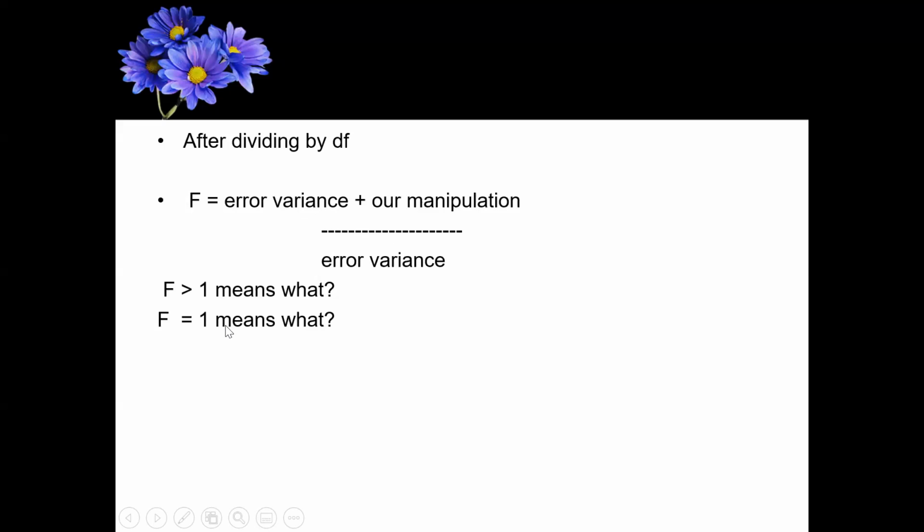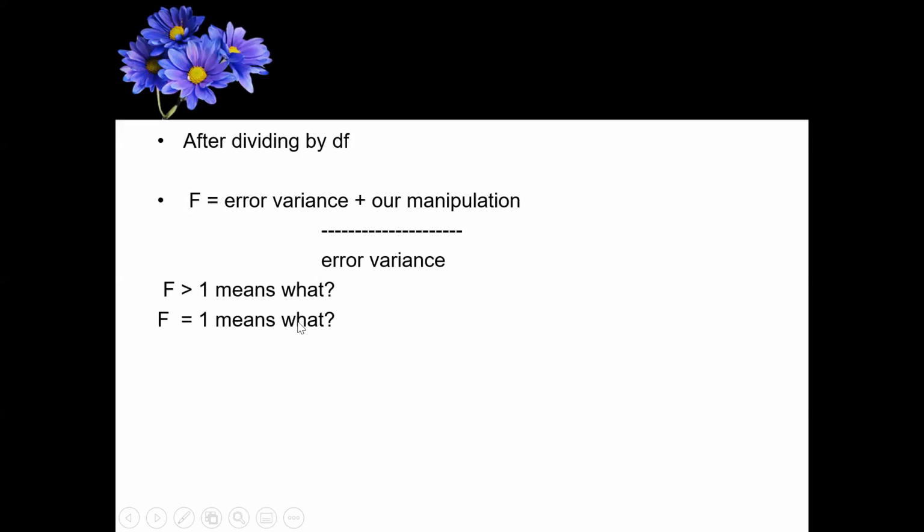So on the other hand, if our F is equal to 1 or less than 1, that would suggest that we're just dividing error variance by error variance, right? However, the more upwards of 1 that our F gets, we know that, okay, well, these two canceled out, but because it's still greater than 1, that must mean there's also variance from our manipulation, right?